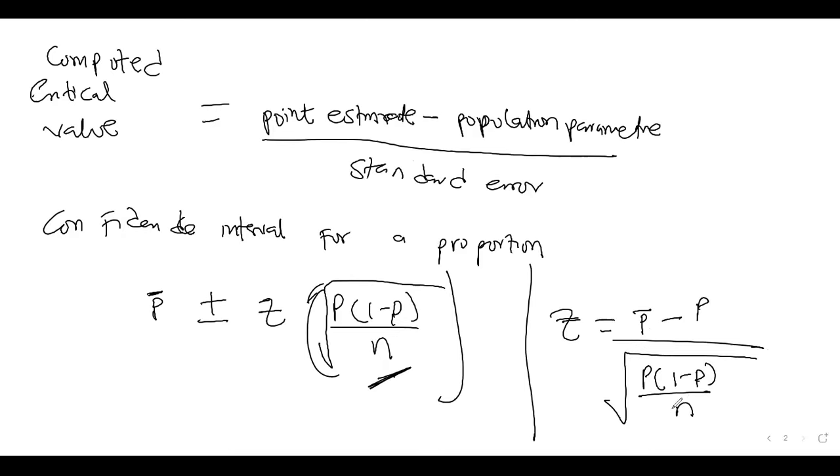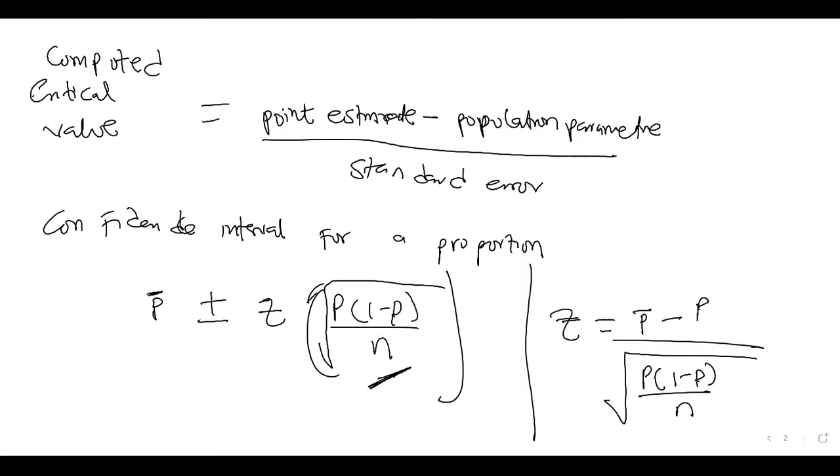In every hypothesis test using the critical value approach, you compute the critical value, then compare it with the critical value given by a certain confidence level. Then you are able to accept or reject the hypothesis. If you revisit the other videos on hypothesis testing, this will be clearer to you, but I'm just doing a revision here for the topics ahead.